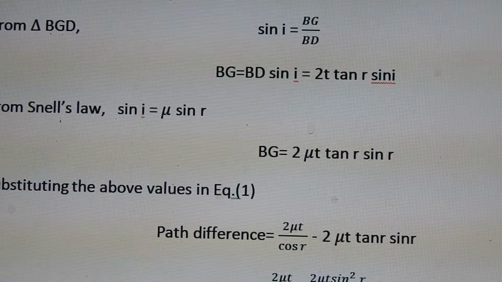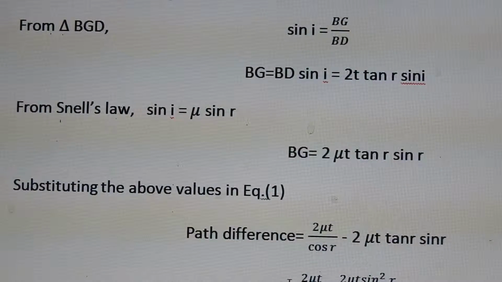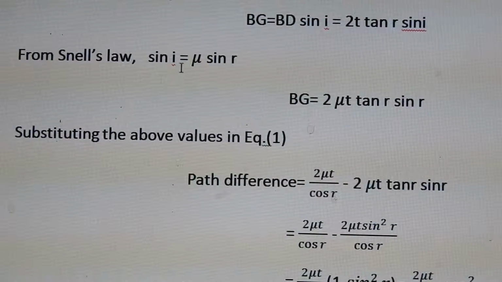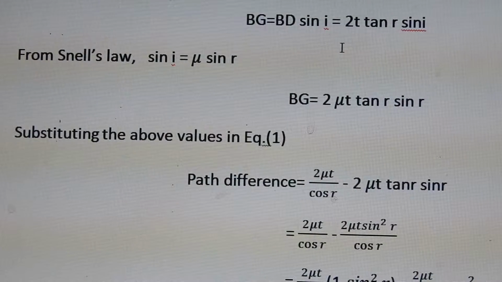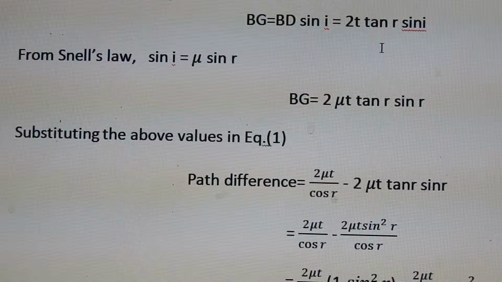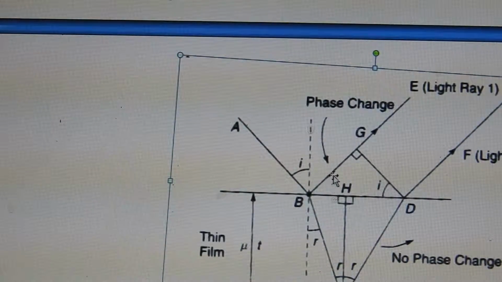According to Snell's law, sin I by sin R is equal to the refractive index mu. So by cross multiplication, sin I is equal to mu sin R. Here in this case, BG is equal to 2T tan R sin I. BG is the extra distance traveled by the first ray.